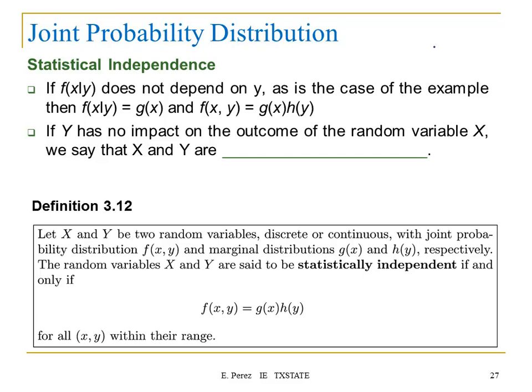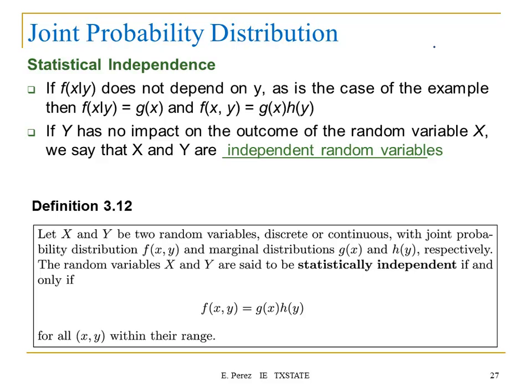So if y has no impact on the outcome of the random variable x, we say that y and x are independent random variables. Here is the formal definition for statistically independent random variables. So the joint distribution is equal to the multiplication of the marginals. So if you know the marginal of x and the marginal of y, and you want to know the joint distribution, you just have to multiply them if they are independent.